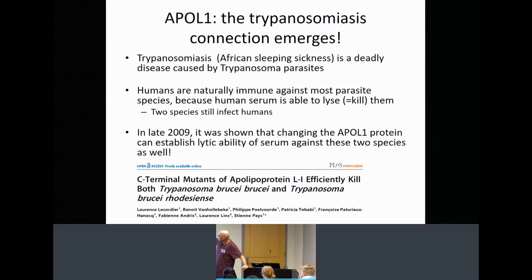This is a parasite, and the human serum is able to kill most of the species of this parasite, but 2 species are still responsible for disease in humans. And in 2009, they showed that this protein, APOL1, if you change it in some ways, is able to also kill these 2 species. That basically gives protection. You can give the body protection against these additional species by changes in APOL1.